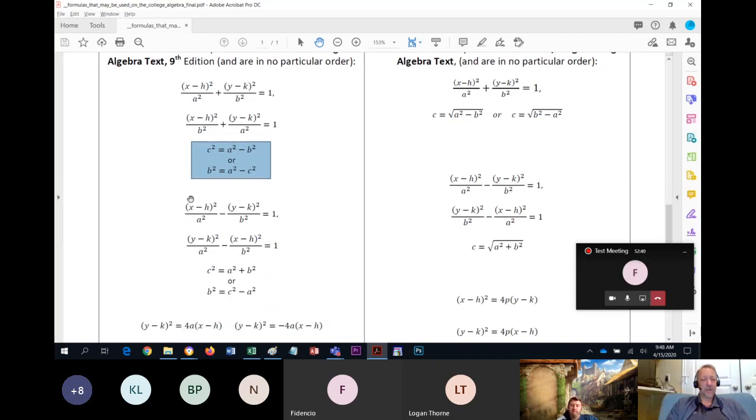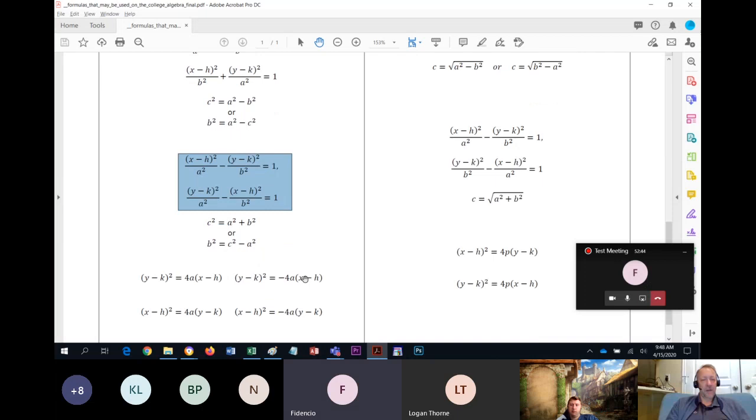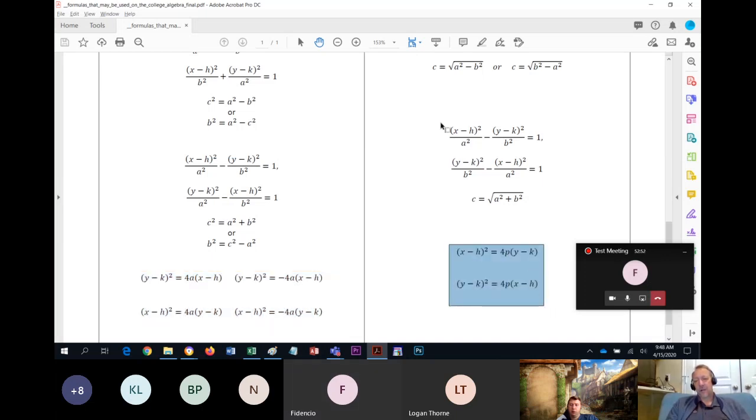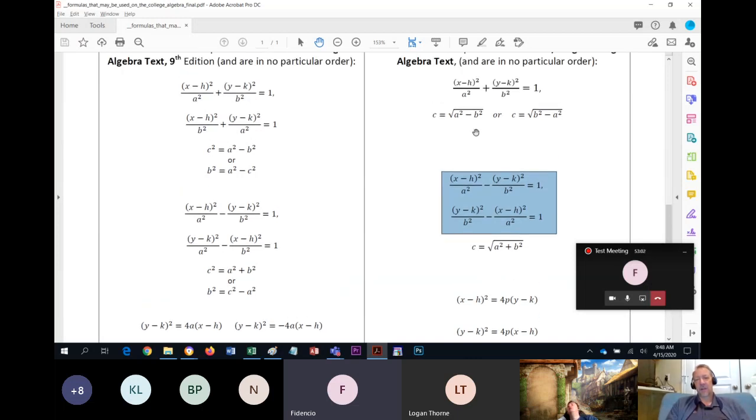You still need to remember those. This is a hyperbola here. These, of course, are your parabolas. That's also a parabola. What's this again? Well, ellipse, no, that's a hyperbola. Dang it. And that's an ellipse.